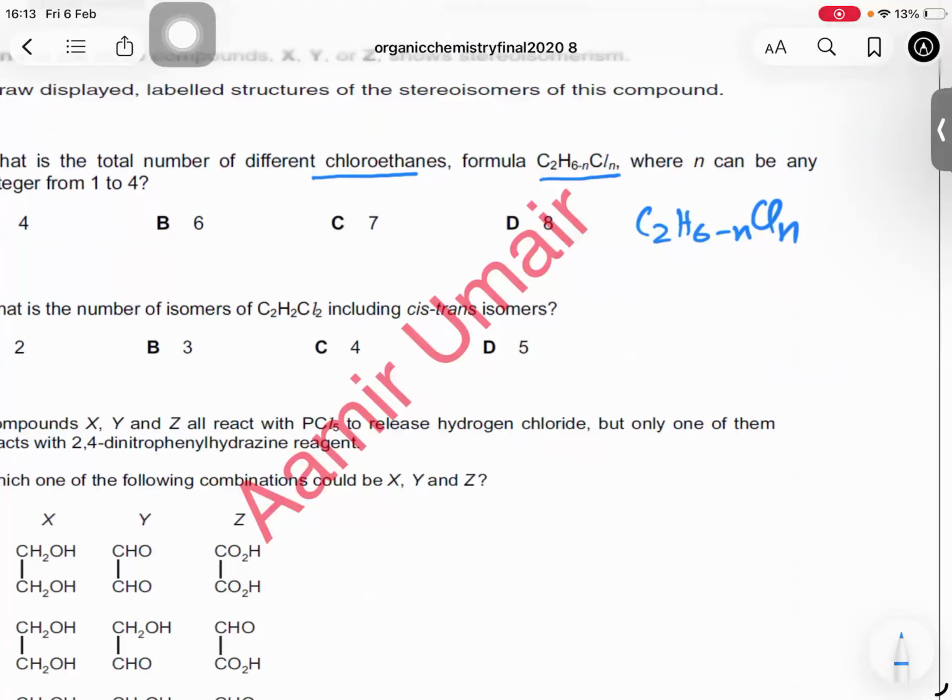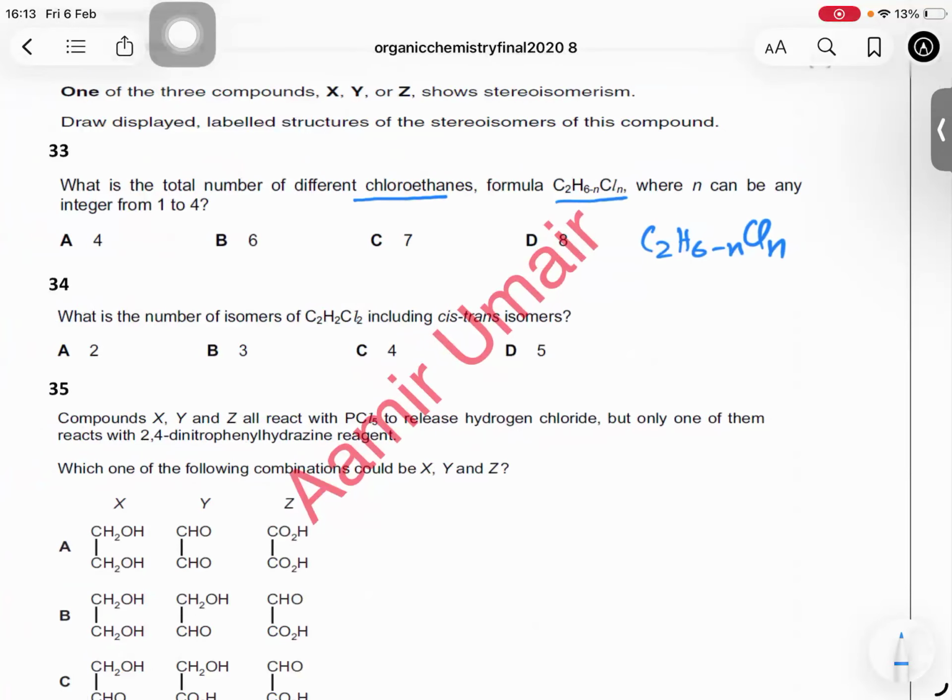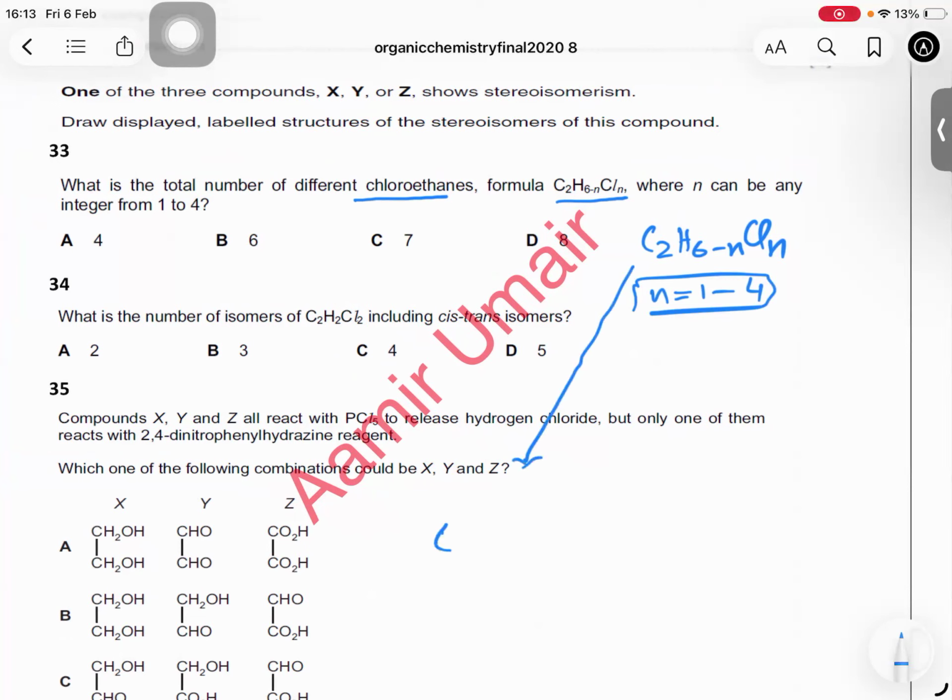Now, let me first explain the question to you. The question seems a bit tricky in the reading. They are saying what value of n you have to put, 1 to 4. And then you have to look, for example, if I put the value of n as 1, then what will be the formula? C2H5Cl1.